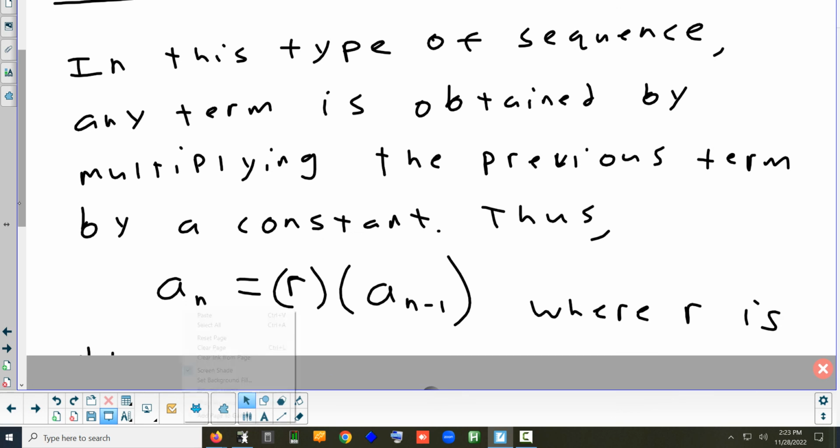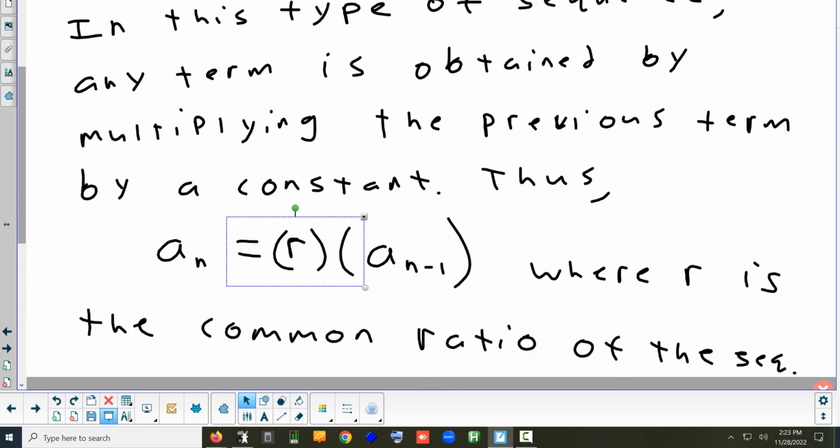To find a term, take the one before it, that's what n minus 1 means. Take the one before and multiply by r. So they don't call it a d this time, they call it an r, but it's a similar idea. R is called your common ratio.